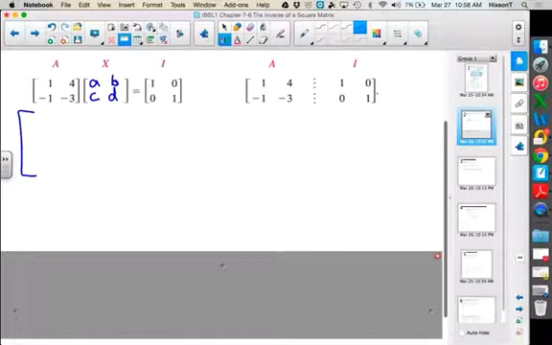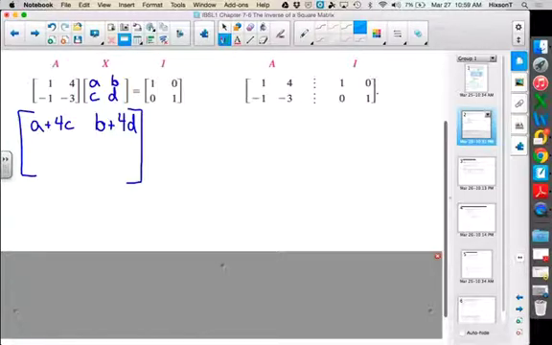A times X, alright? So, watch, first row, first column, I have 1 times A plus 4 times C, right? So 4C. Is everyone with me there? Yes. Okay. 1 times A plus 4 times C. First row, first column. Now I want to do first row, second column. So 1 times B plus 4 times D. Okay?